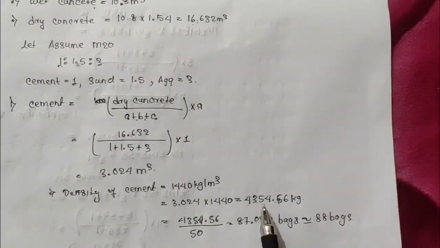To calculate the quantity of water, we multiply with this kg of cement.